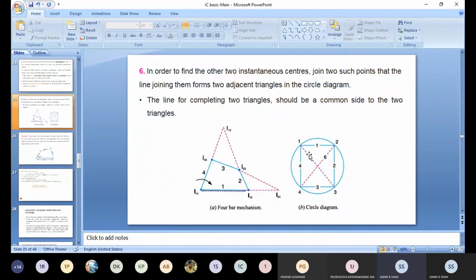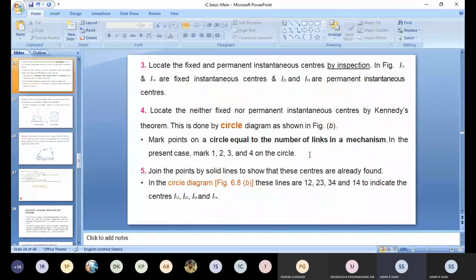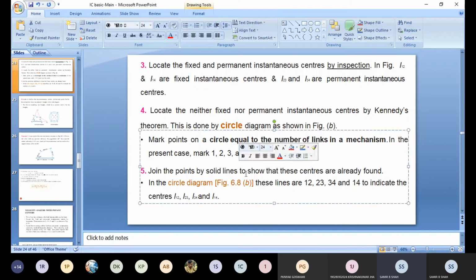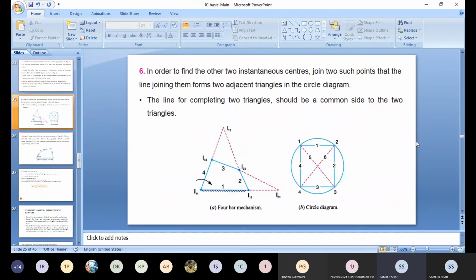Now I will explain one by one. Mark the points on a circle equal to the number of links in a mechanism. In the present case, 1, 2, 3, and 4 are on the circle.